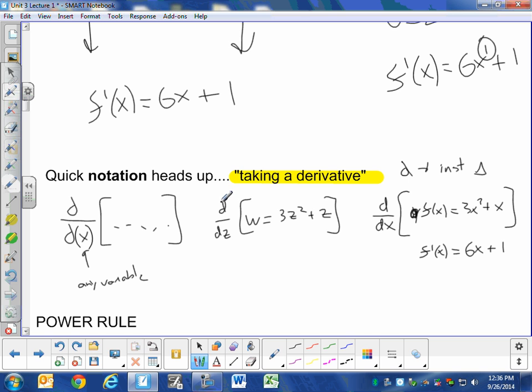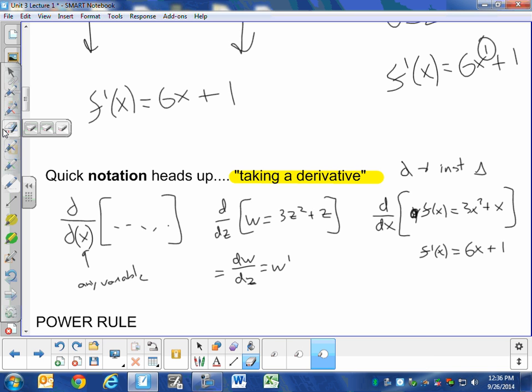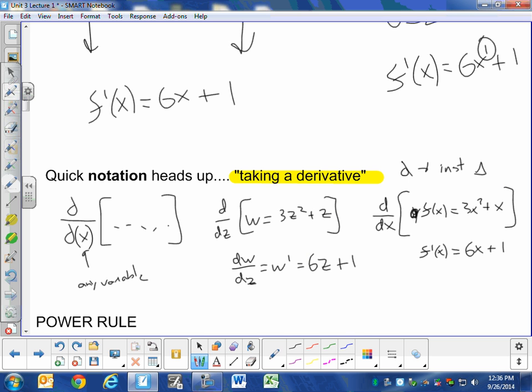And what you do when you take the derivative of w with respect to z is you get the instantaneous change of w with respect to z, or dw dz. That's another way of writing w prime. And it's the same deal as 3x squared plus x. This would be 6z plus 1. Okay, and I could do y's and x's. y is equal to 3x squared plus x.